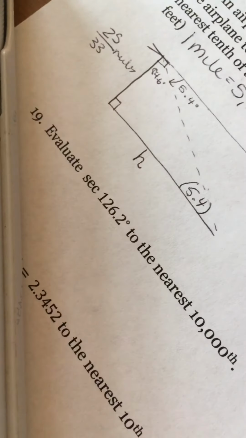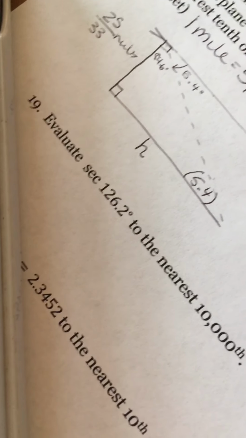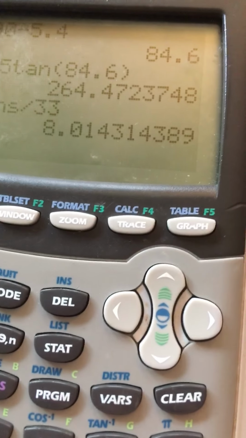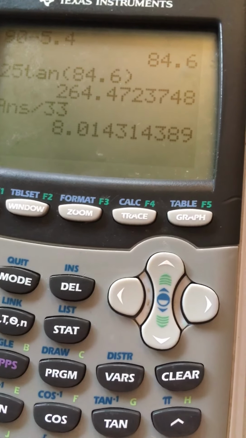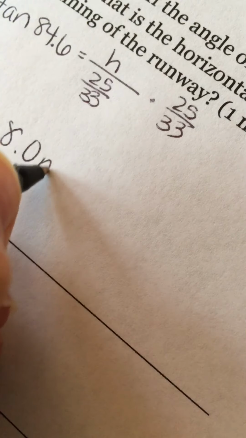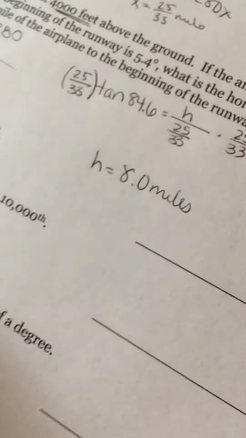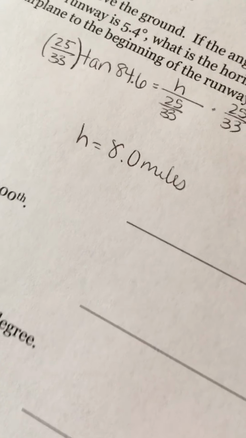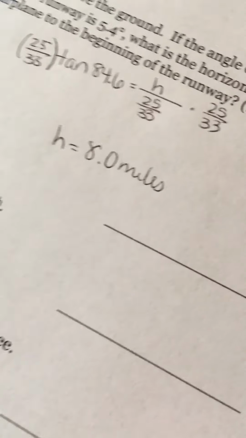So I'm going to get 25 tangent of 84.6 divided by 33. You'll get about 8.01 miles, and they want the nearest tenth of a mile. So h is just going to be 8.0 miles. Now, if you find this in feet first, you'll get like 42,000 feet. You'll actually get a large amount of feet. Make sure you change that to miles.